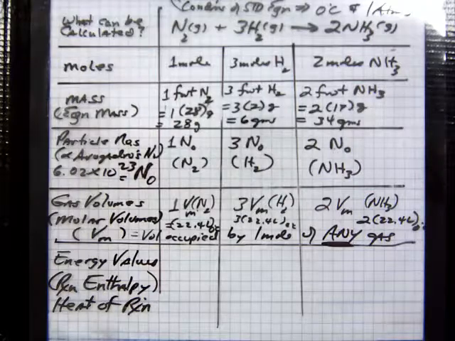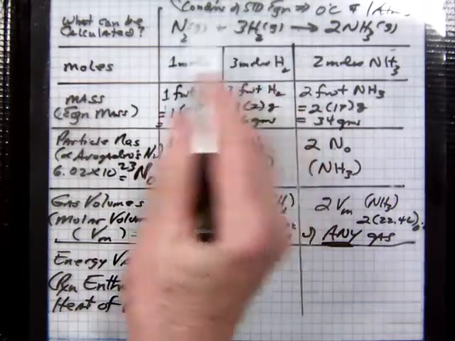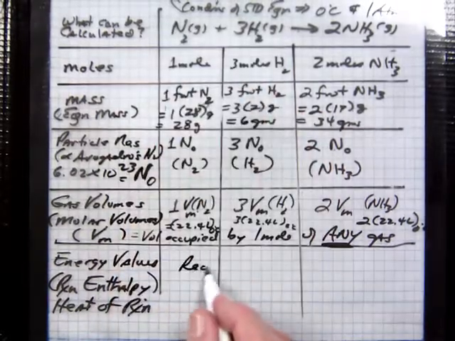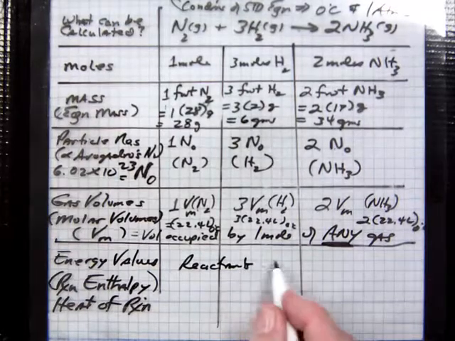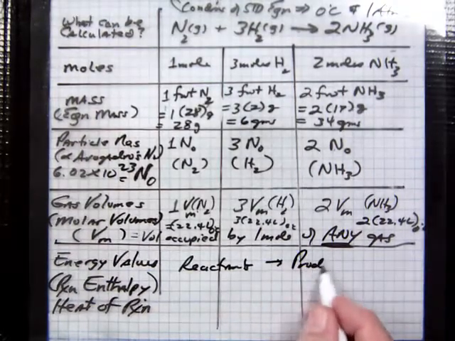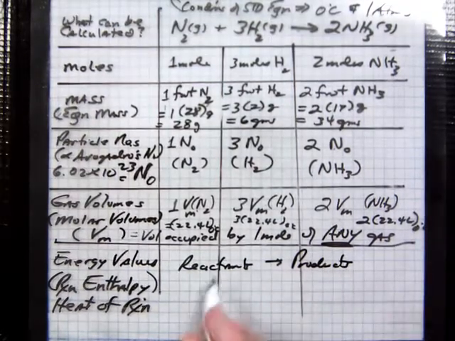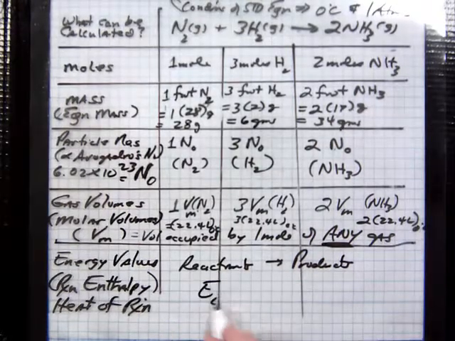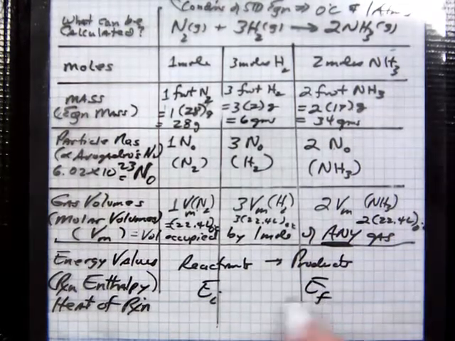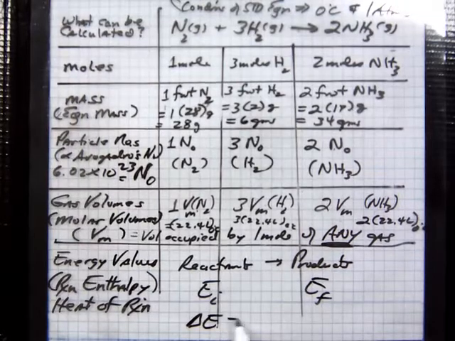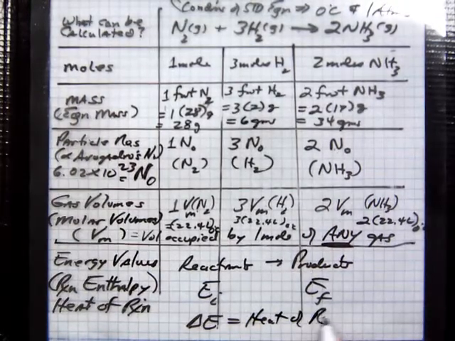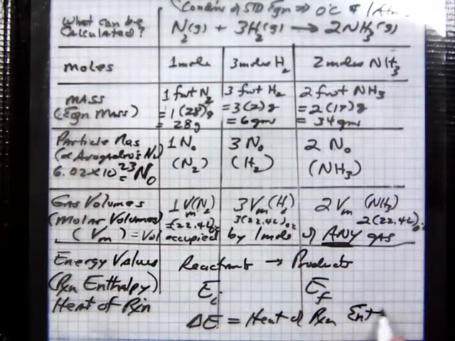Finally, energy values. This reaction starts out and undergoes an energy change. We have reactants going to products, and you have what we call an initial energy and a final energy. The change in energy is the heat of reaction, or enthalpy of reaction.